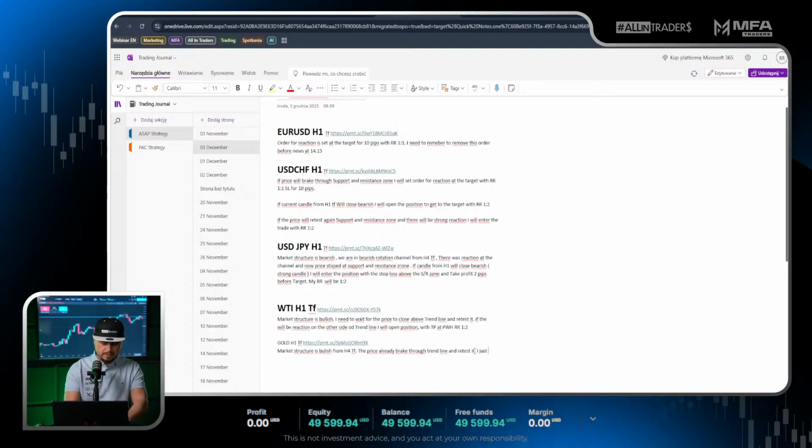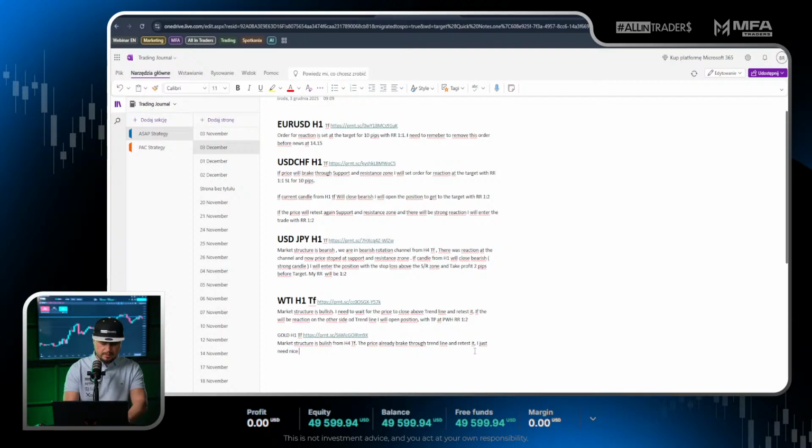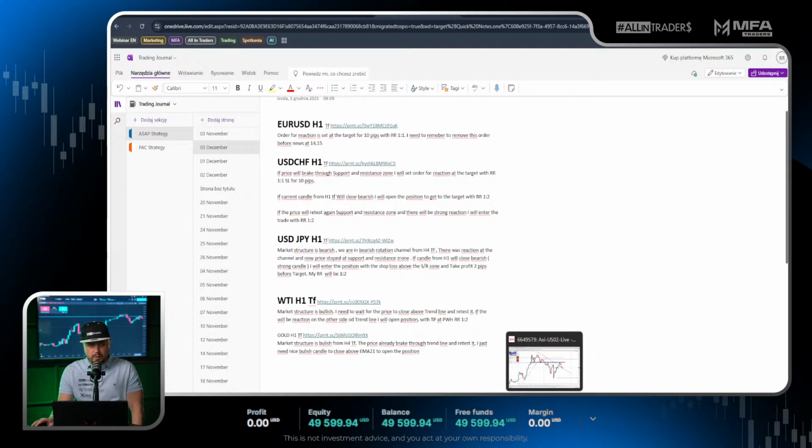I just need a nice bullish candle to close above the exponential moving average 21 to open the position. That's it. Moving average 21.